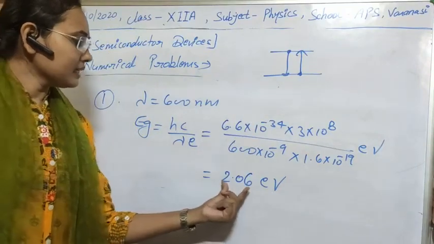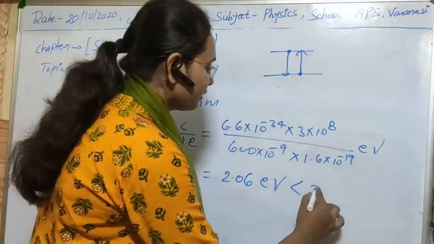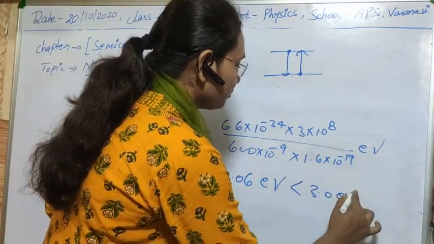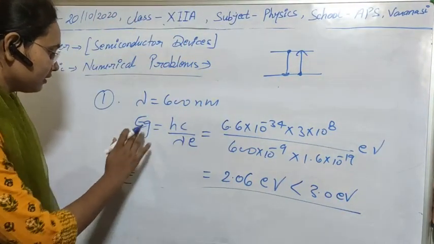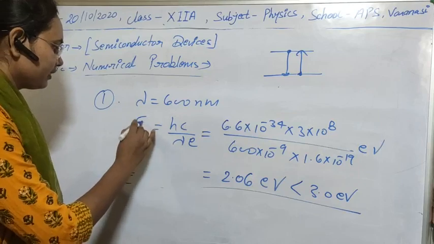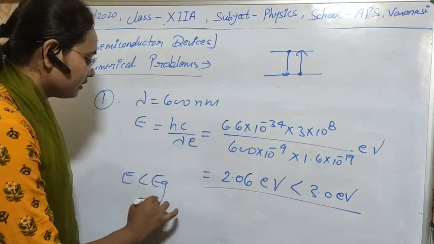As we are seeing, this value is less than 3 electron volt. Suppose this is E, then E is less than Eg.